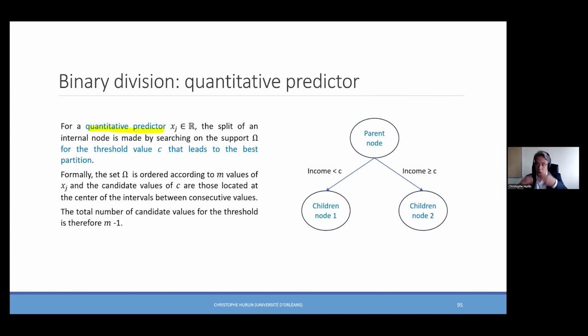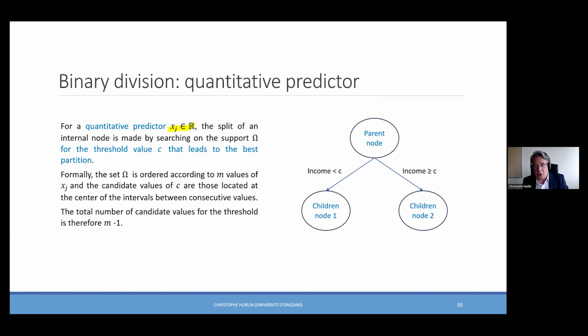I want to use, for instance, the income to split the individuals. Here I have all the individuals, and I want to split them with a particular rule according to their income. Let us imagine that the variable is defined on R.